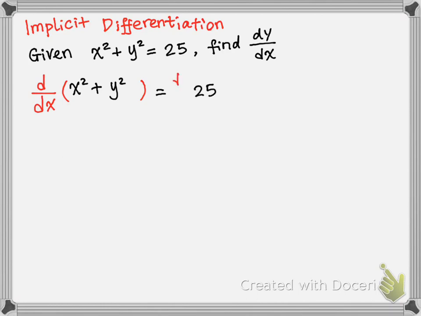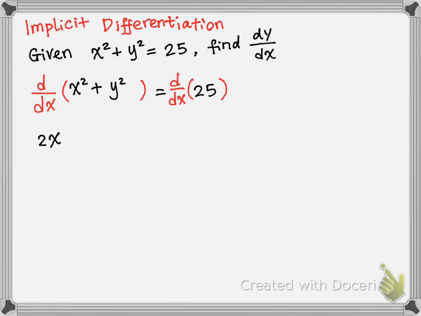This d over dx is just an operator, or you can simply think of it as telling me to take the derivative, but you have to know it's with respect to x. So when it passes through x squared, term by term, the derivative of x squared is just 2x.